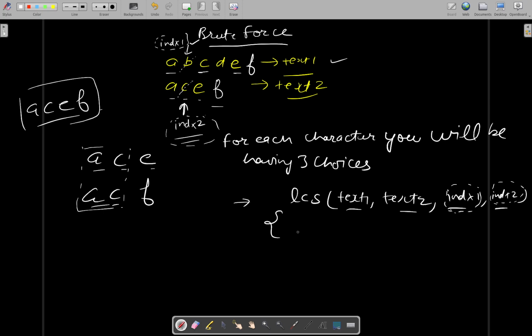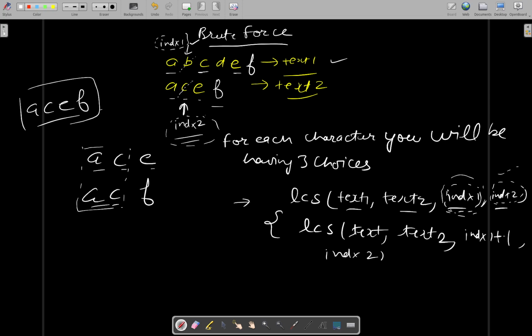Okay, so one choice that we will be having is, we can remove this particular index or exclude this one and take this one. Okay, so index 1 can be skipped and index 2 can be included.